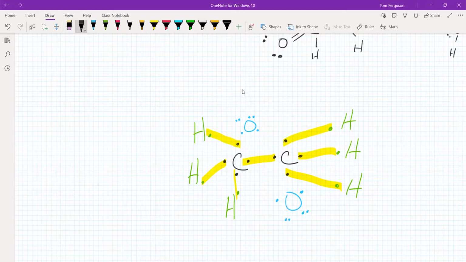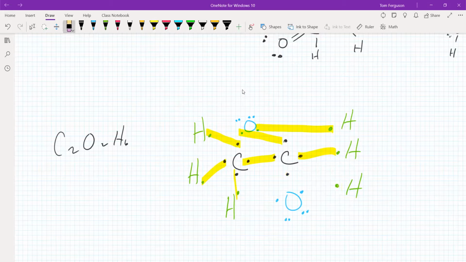Yeah, I left off oxygen totally. All right, so obviously this is not going to work. I've got to somehow do this differently. Okay, well, let's connect the hydrogens through the oxygen here. Same down here. Let's connect the hydrogen.